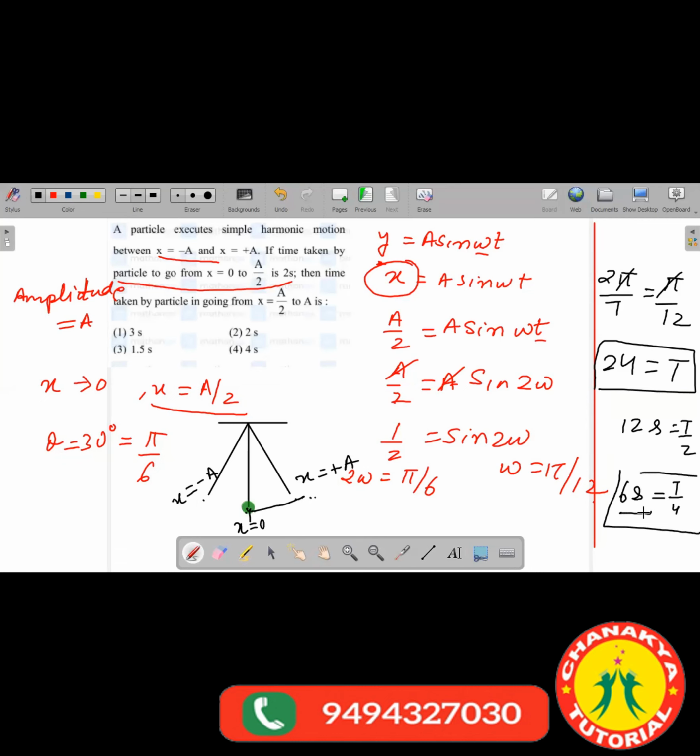Now out of these seconds, while the particle is moving from x equal to 0 to a by 2, it has already used 2 seconds. How many seconds are still left to complete the remaining part? 4 seconds. So option 4 should be correct here. This question was a good practice for the equation of SHM.